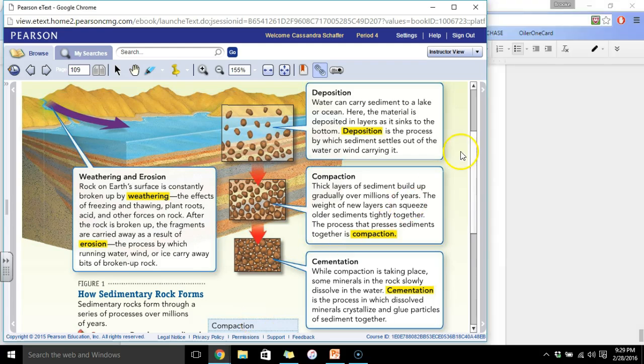So then we move on to compaction. Thick layers of sediment build up gradually over millions of years. The weight of new layers can squeeze older sediments tightly together. The process that presses sediments together is compaction.